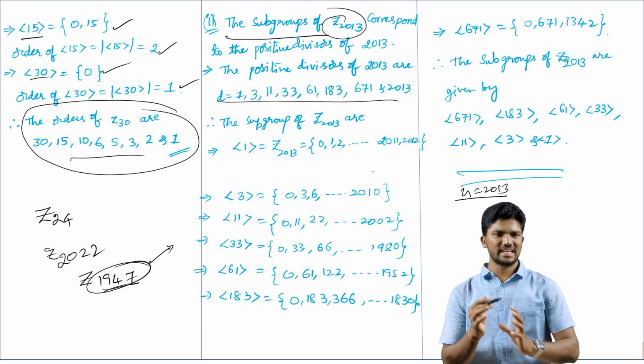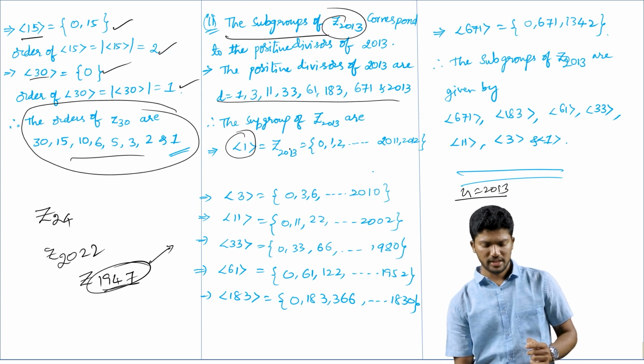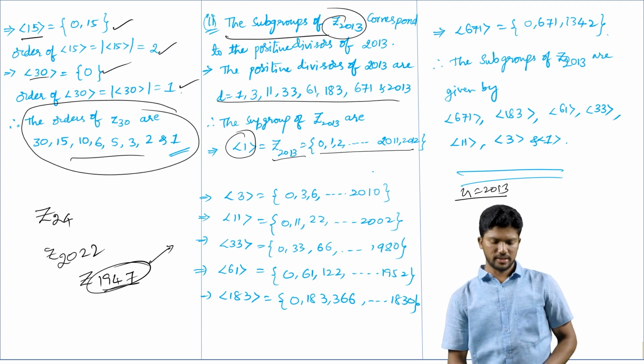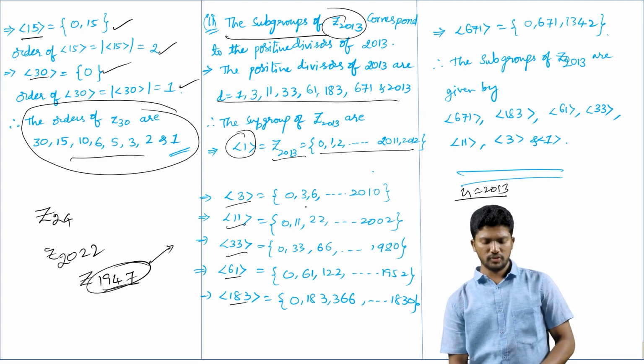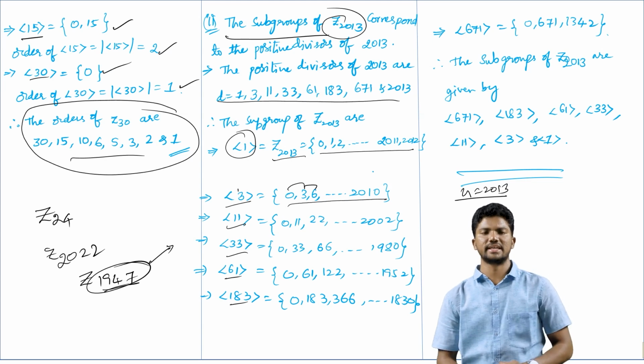Now for each and every positive divisor, you can write the subgroup in this format. For 1 you have all the numbers, so therefore this order is 2013. Next for the second, third, fourth, fifth, sixth positive divisor and so on. If you observe carefully, for 3 the common difference between any two numbers in this set is 3.